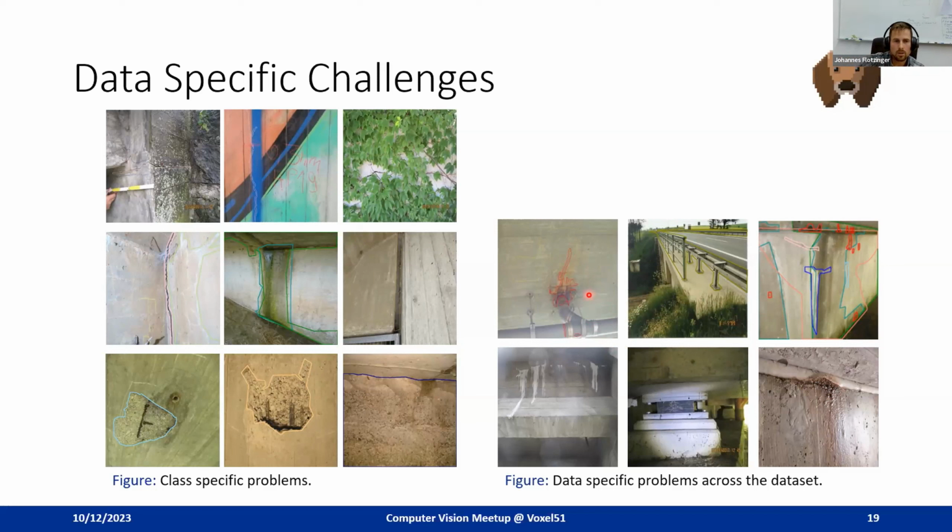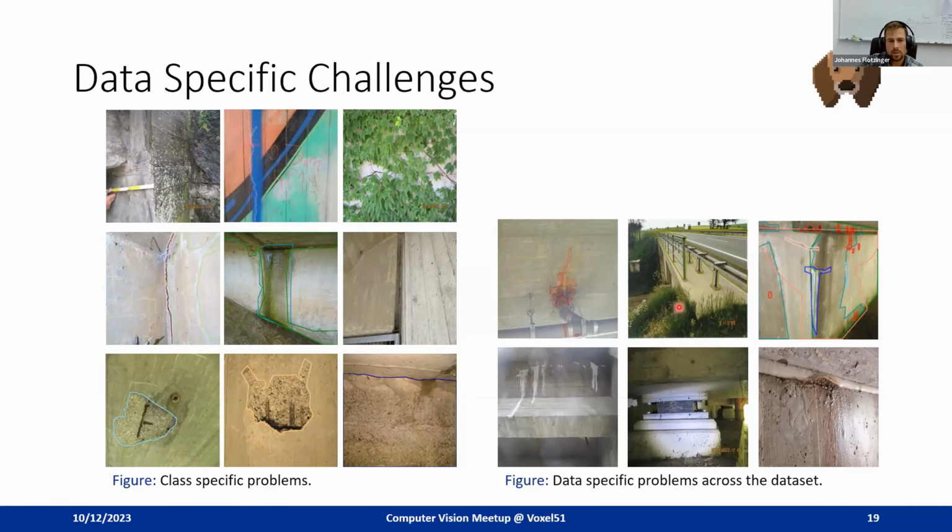But I should also add that each inspector also has his own opinion on where a defect ends. So yeah, that's an ambiguous problem in the data set.